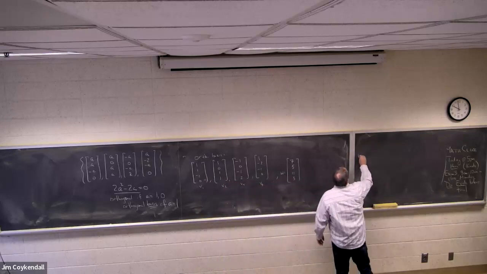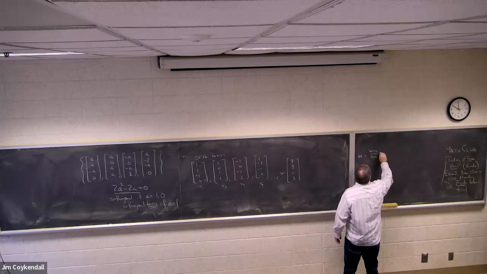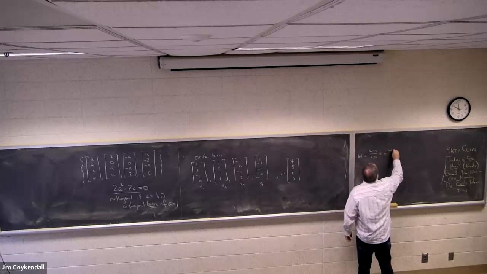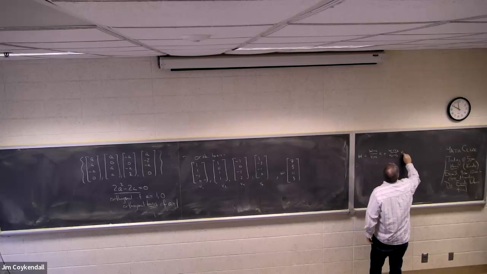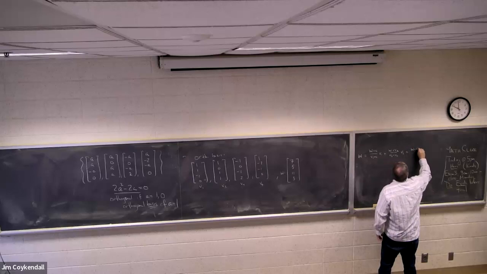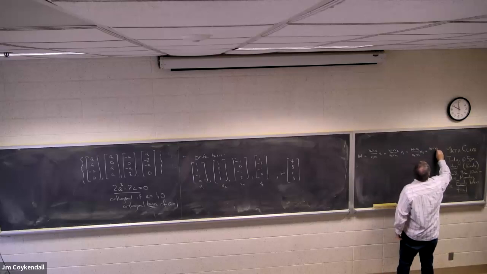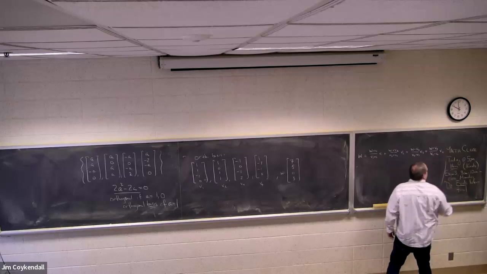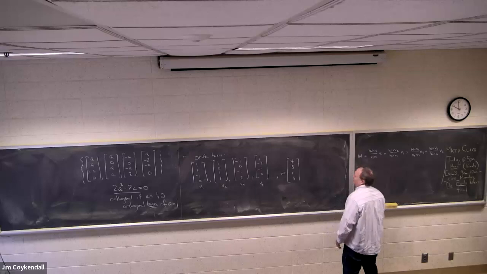But here's what we have: W equals W dot B1 over B1 dot B1 times B1, plus W dot B2 over B2 dot B2 times B2, plus W dot B3 over B3 dot B3 times B3, plus W dot B4 over B4 dot B4 times B4. Let me just work out the numbers here.